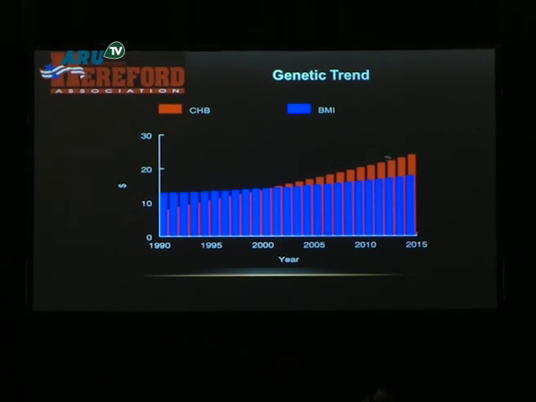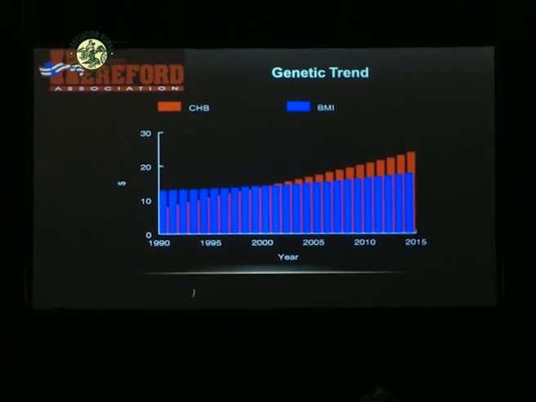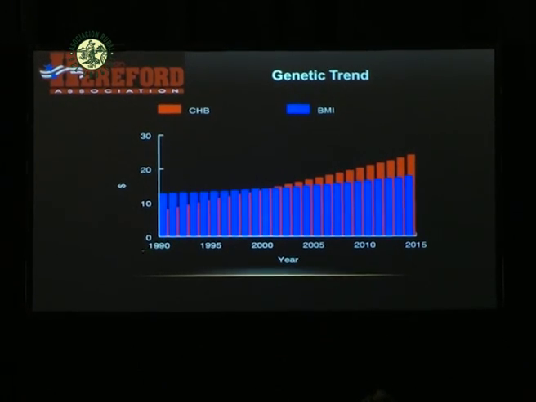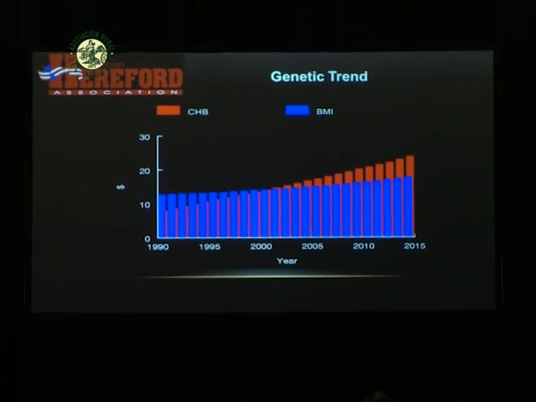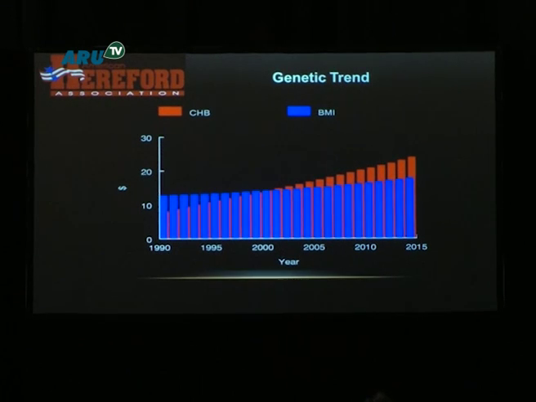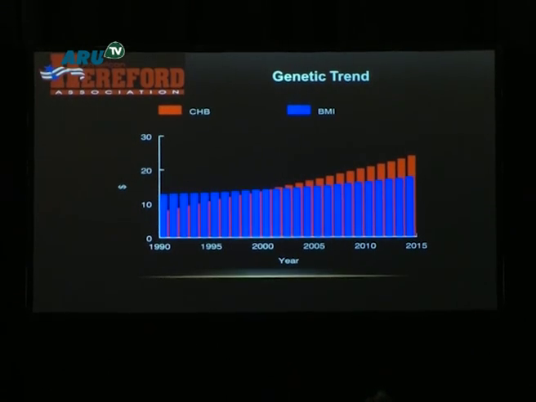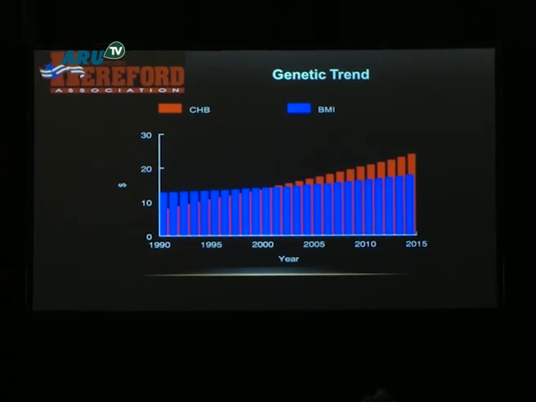So it's easier to move this index up than it is to move the other index up in terms of economic value. But since the adoption of indexes by the American Hereford Association in 1990, the trends for those indexes have been favorable over time and more or less linear.